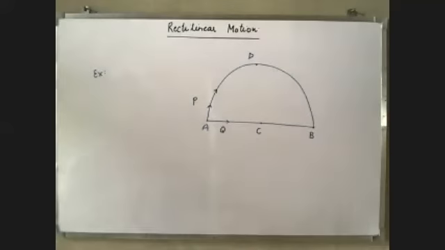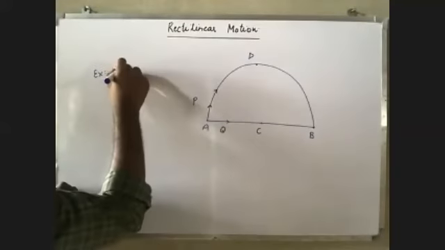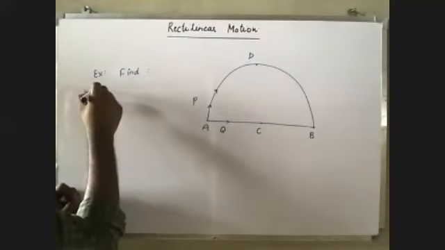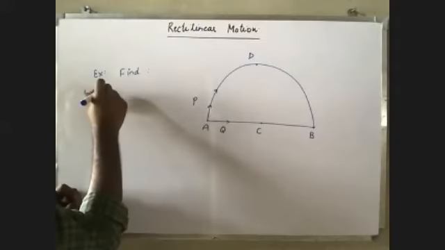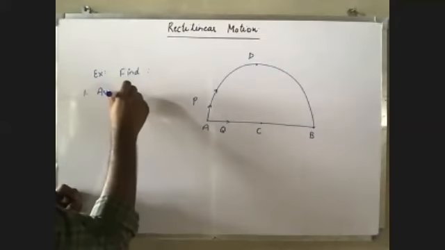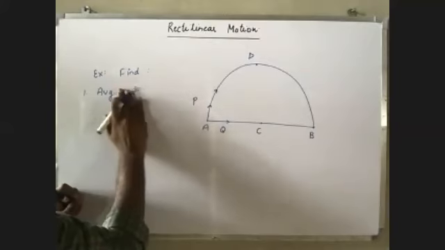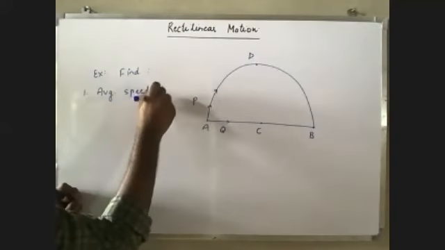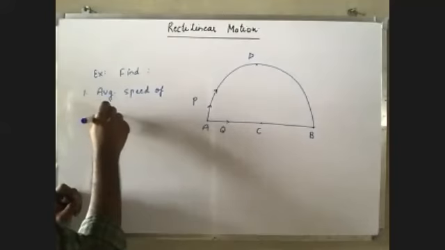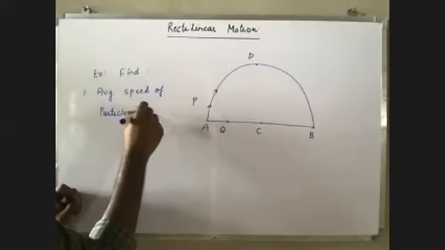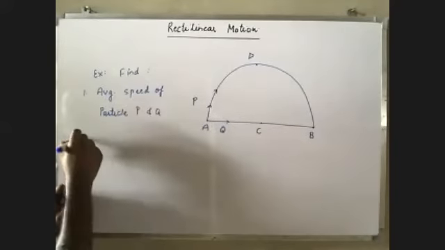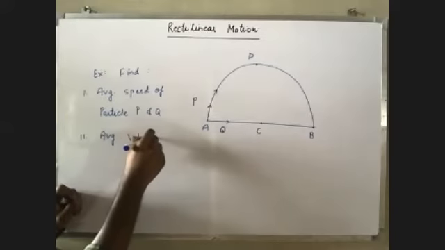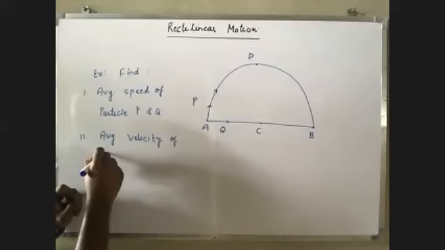So we need to find, first, the average speed of particles P and Q, and second part, the average velocity of particles P and Q.